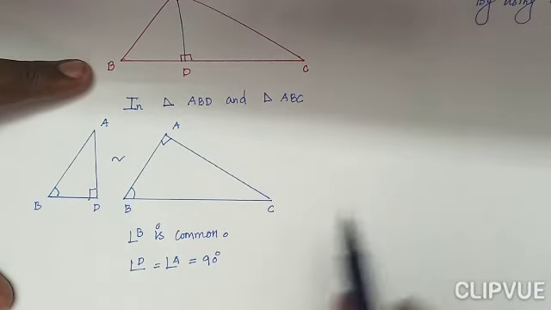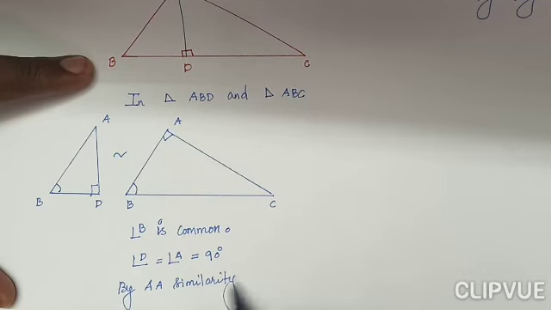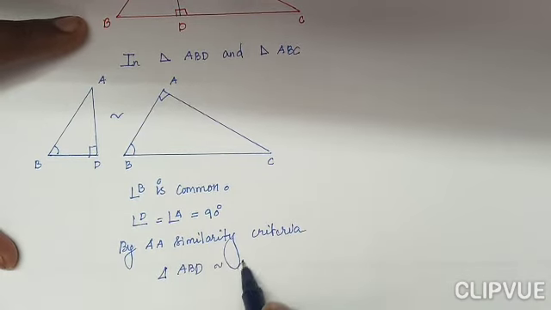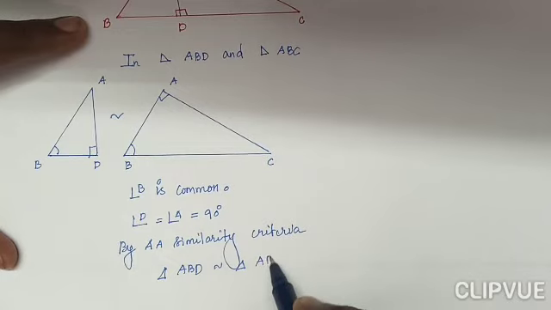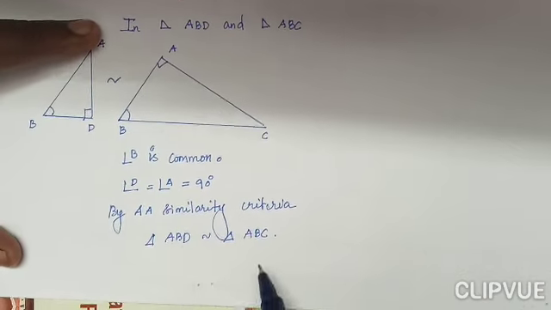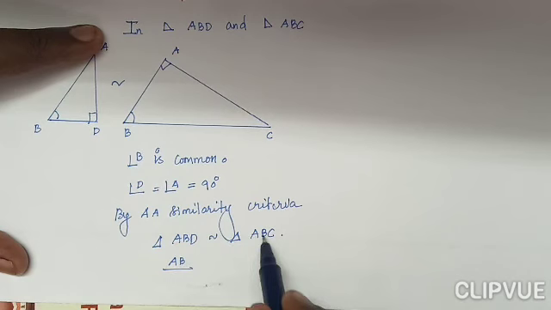Okay, so we can say that by angle similarity criteria, triangle ABD is similar to triangle ABC. If two triangles are similar, their corresponding sides are proportional, you know that.